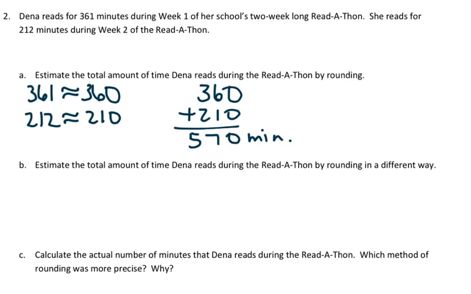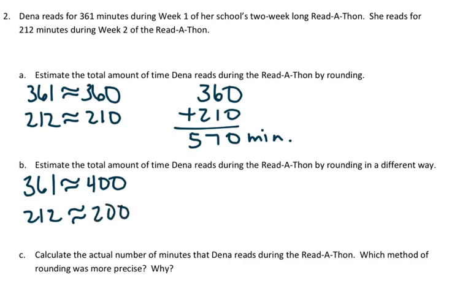So now instead of rounding to the nearest 10, I'm going to round to the nearest 100. So I have 361, and I'm going to round that to 400. And 212, can round that to 200. And when we add those two totals together, we have 400 plus 200 is 600, and we're talking about minutes.